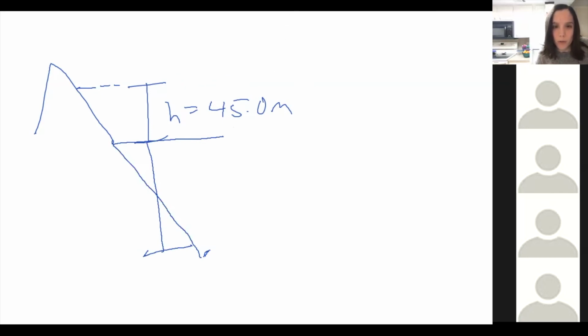So we have to do two things. We have to first find this right here. So if he increases height by 45 meters, that's positive energy. So we would take his mass, 90 kilograms, and multiply it by the height. He went up 45 times 9.8.